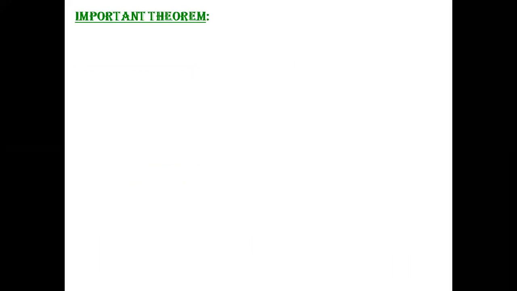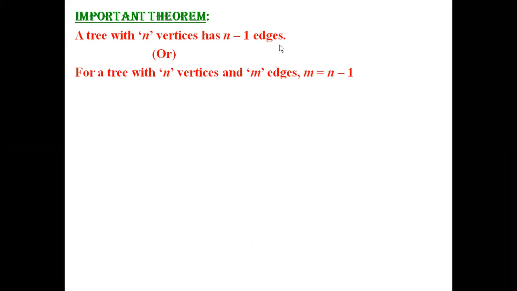Let us now consider this important theorem. A tree with n vertices has n minus 1 edges. So any tree with n vertices always has n minus 1 edges. The alternate form of the statement: for a tree with n vertices and m edges, we always have m equal to n minus 1.